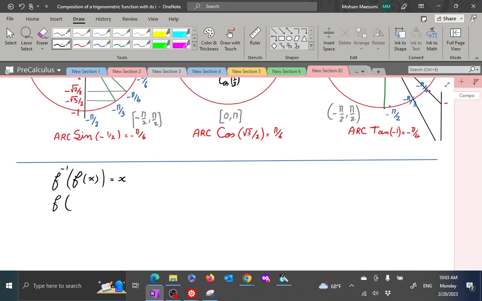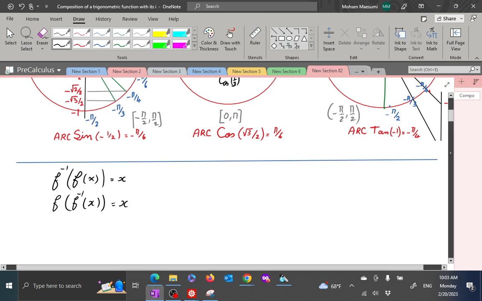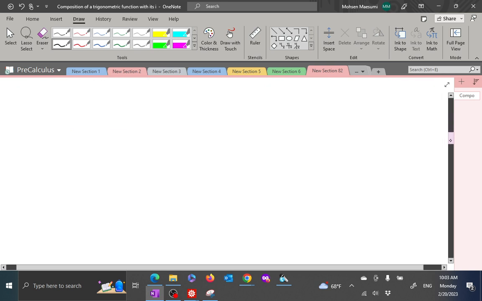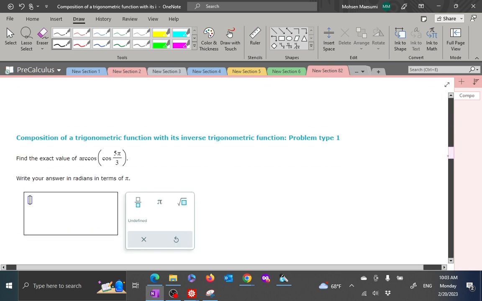And same way with the other arrangement, that also ends up with x. So if the starting and ending values are just the same, why do we even have a discussion here? Like if you're applying arccosine to cosine, well, the output should be just 5 pi third. Why do we have a section and discussion here?